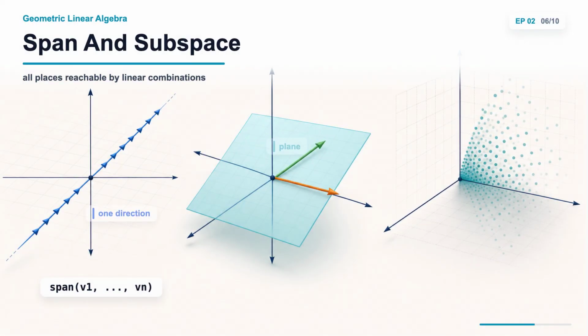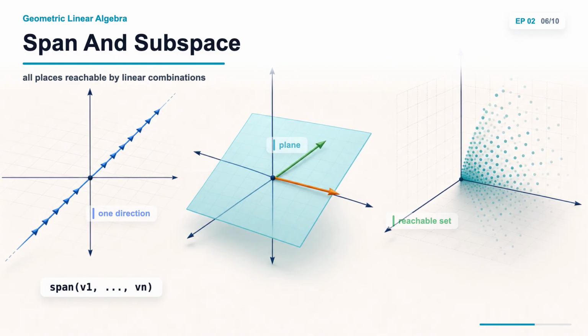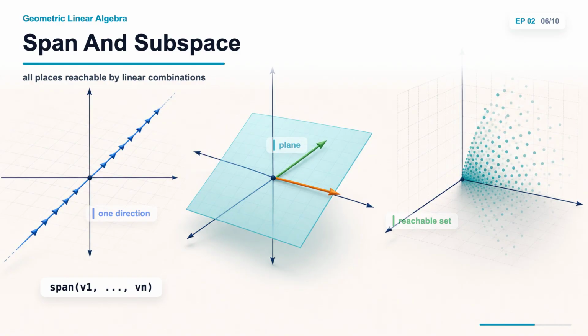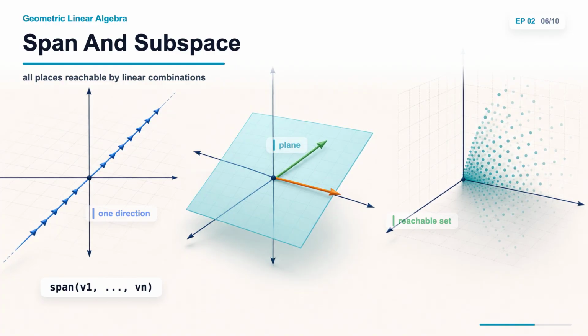The span of a set of vectors is the collection of everything you can build from their linear combinations. One non-zero vector spans a line because all scalar multiples stay on that line. 2 non-parallel vectors in a plane can span the whole plane because you can move in 2 independent directions.